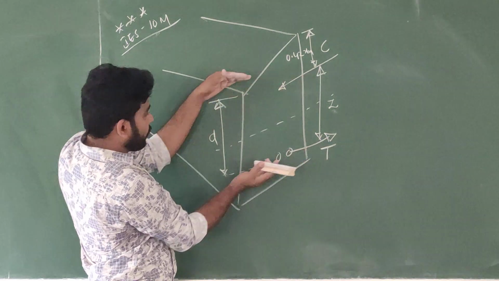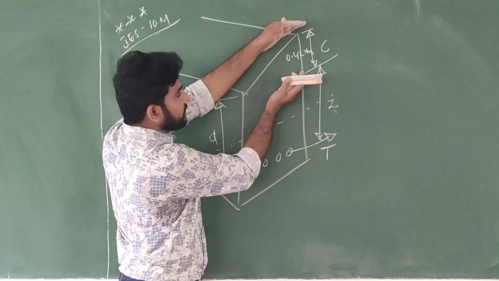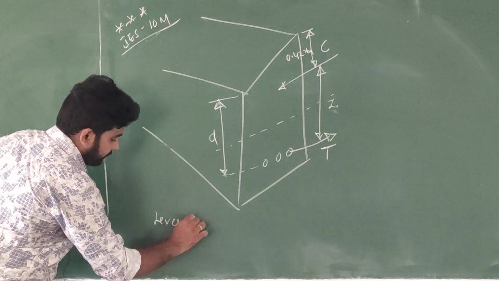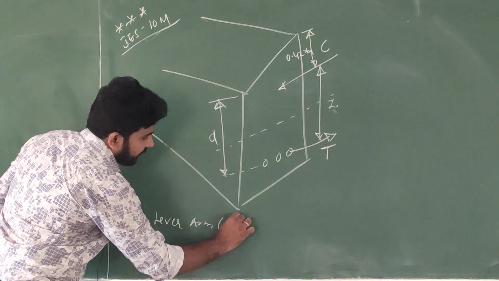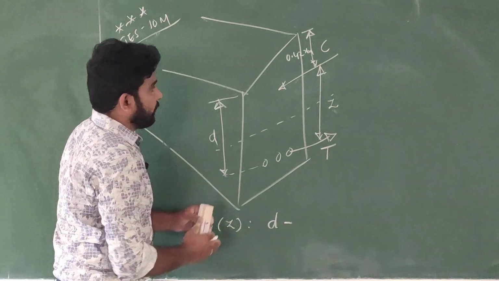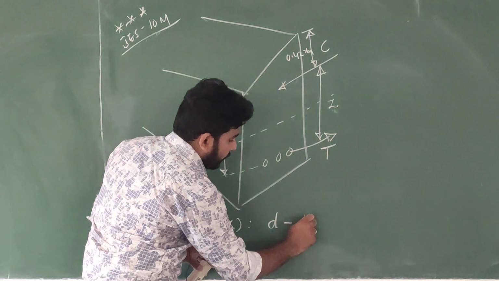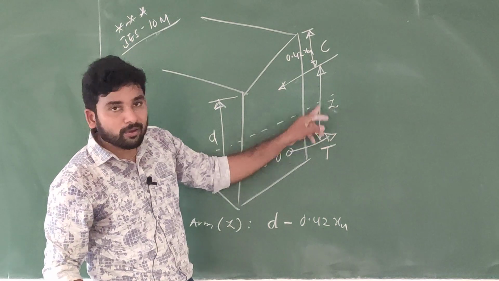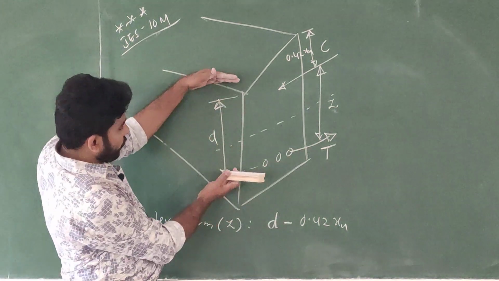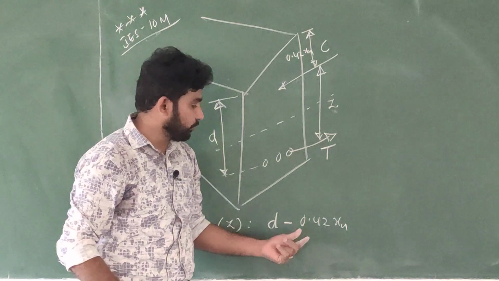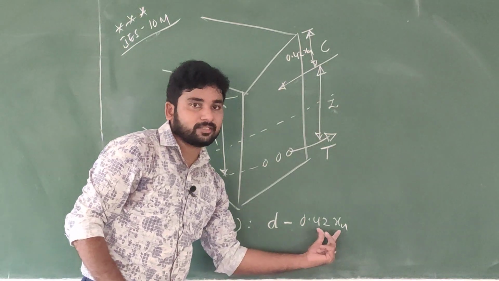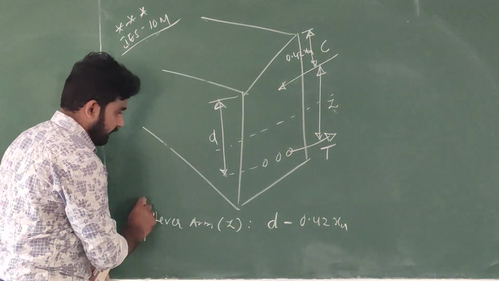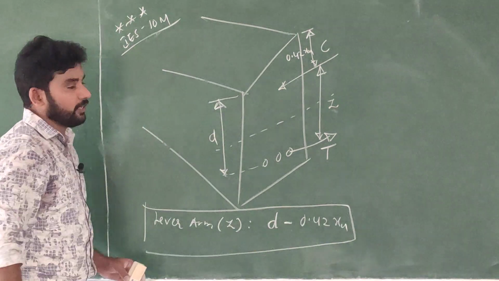If you subtract this from the total, then you will get this Z. So lever arm Z equals effective depth minus 0.42 Xu. So this is the lever arm distance, d minus 0.42 Xu. Now I got this distance. For what purpose am I finding this one? Please keep this in dabba. This also, please keep it in dabba.